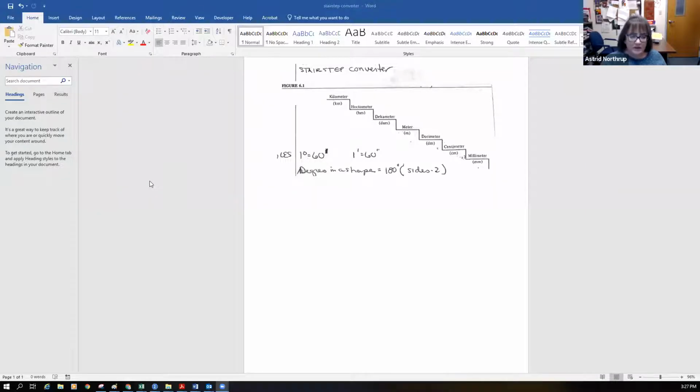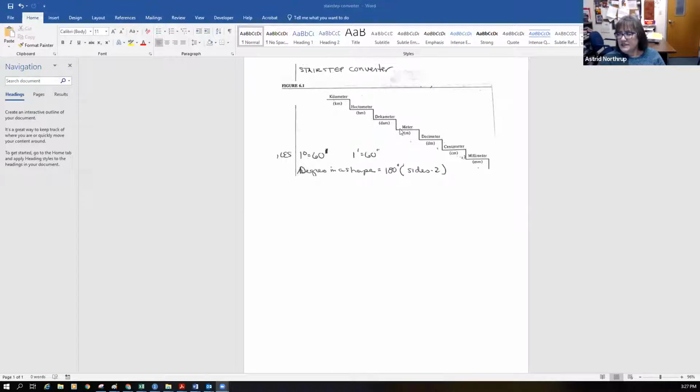And some people find this to be very helpful, and you can use it on a midterm exam or a quiz if you'd like. But basically what the stair-step converter does is it puts the base unit in the middle. We use meter here, but it could just as easily be liter or gram. And then you go down this way for smaller units and up this way for larger units.